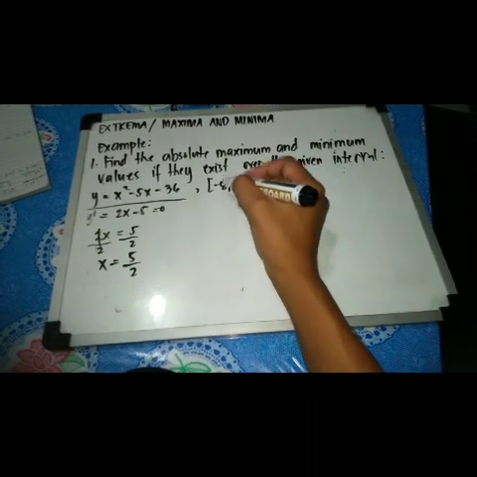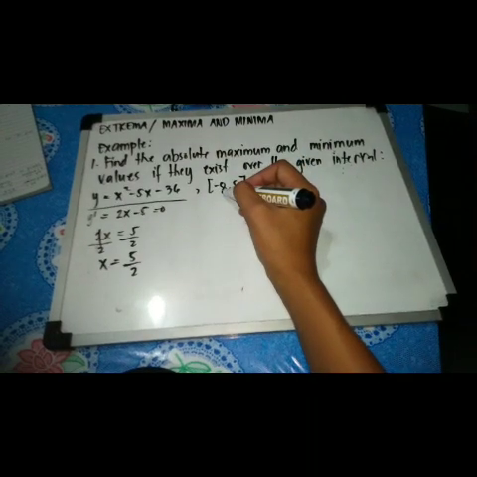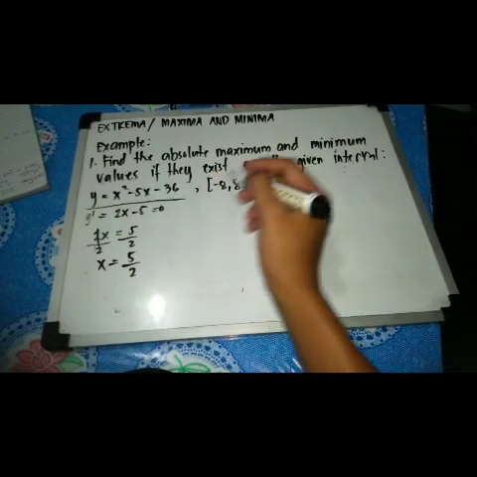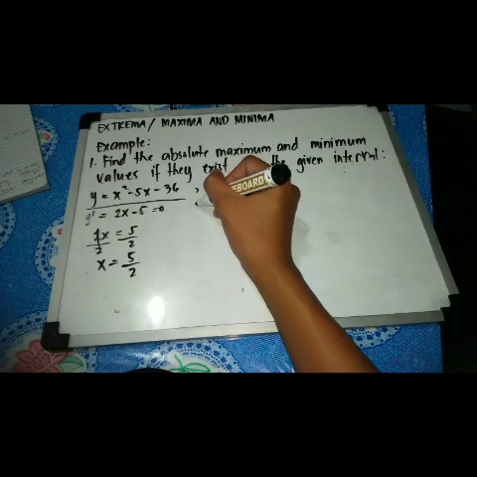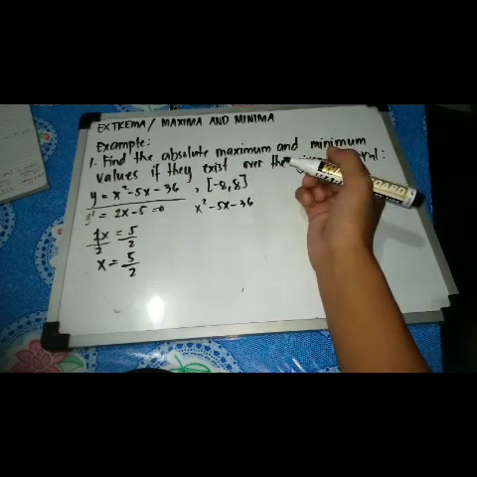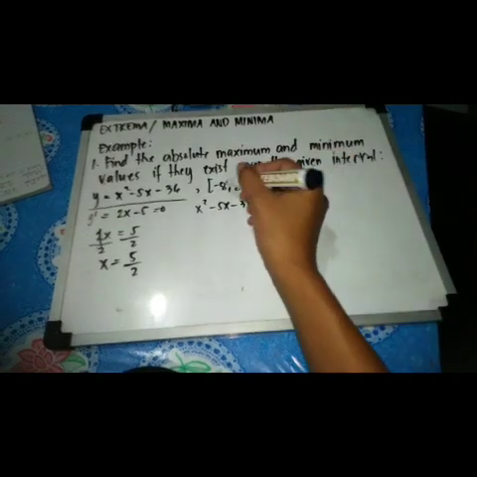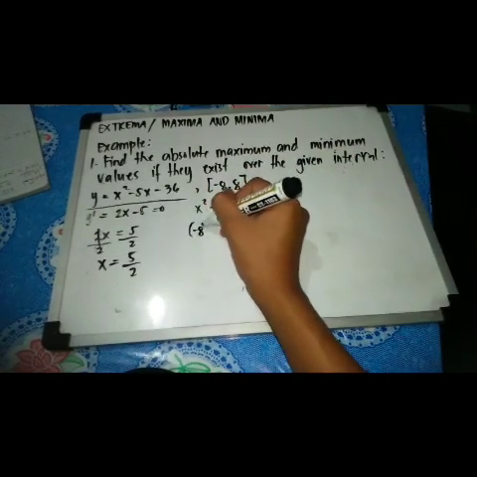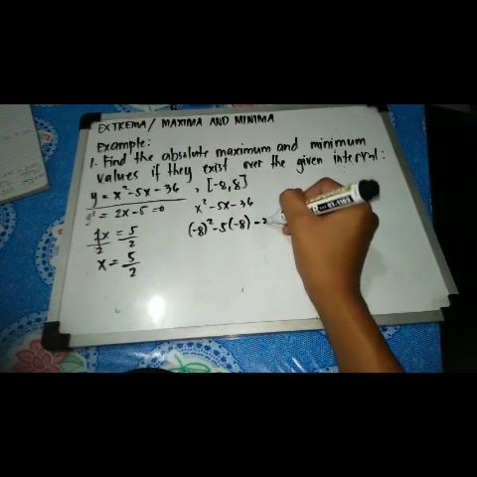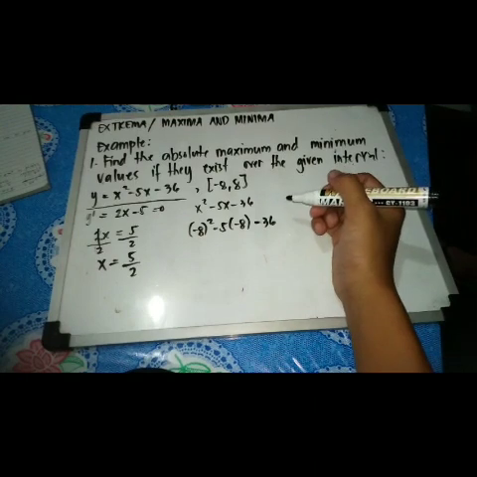Now, since we have the given interval, -8 and 8, we can use this to substitute into our given equation. So if we have x squared minus 5x minus 36, by substituting the values of our x, we have -8 squared, 5 times -8, and 36.